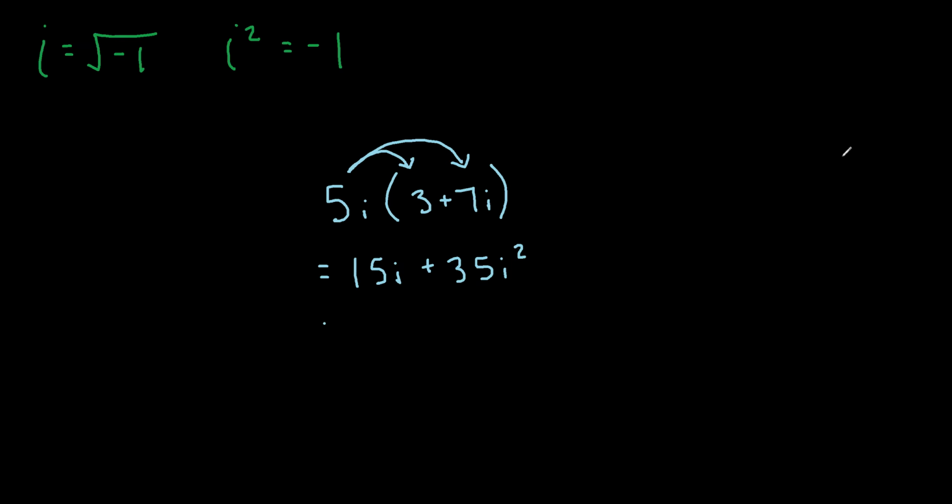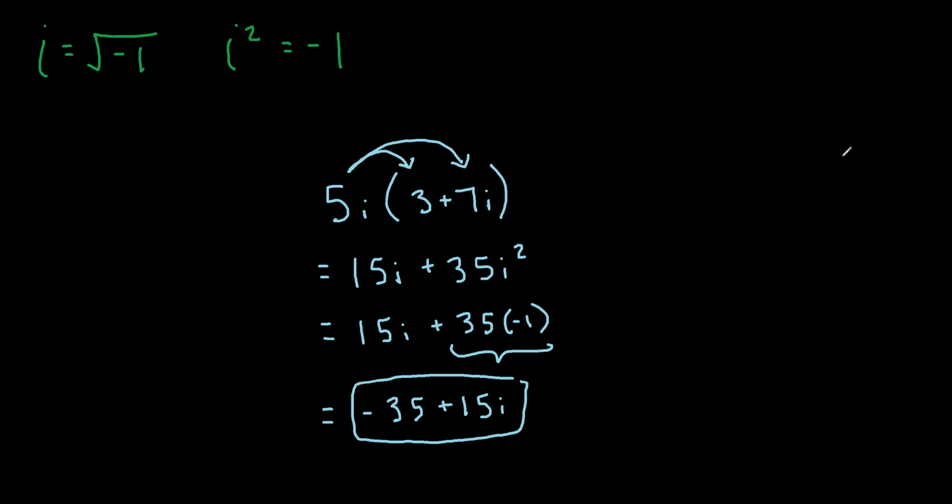So remember we said i squared is just -1, so we can rewrite this as 15i plus 35 times -1. So this whole thing right here is just a -35. So we can write our final answer as -35 plus 15i.